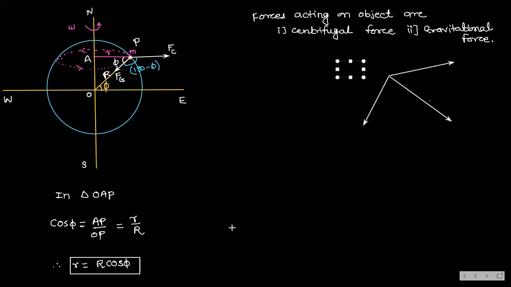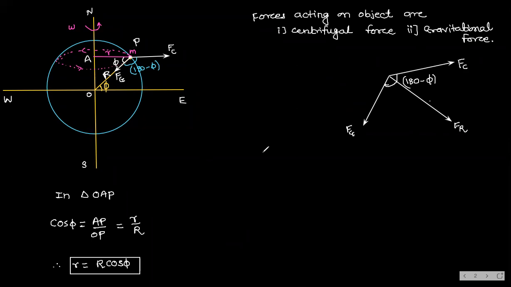Very good. So now here we have FC, here we have FG, and this is the resultant force. And this angle is how much? 180 minus phi. Agree with me? Yes?